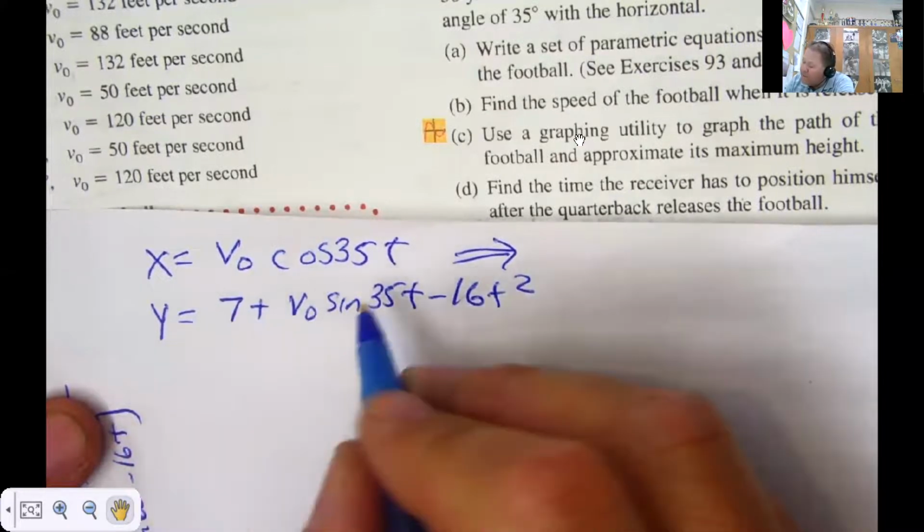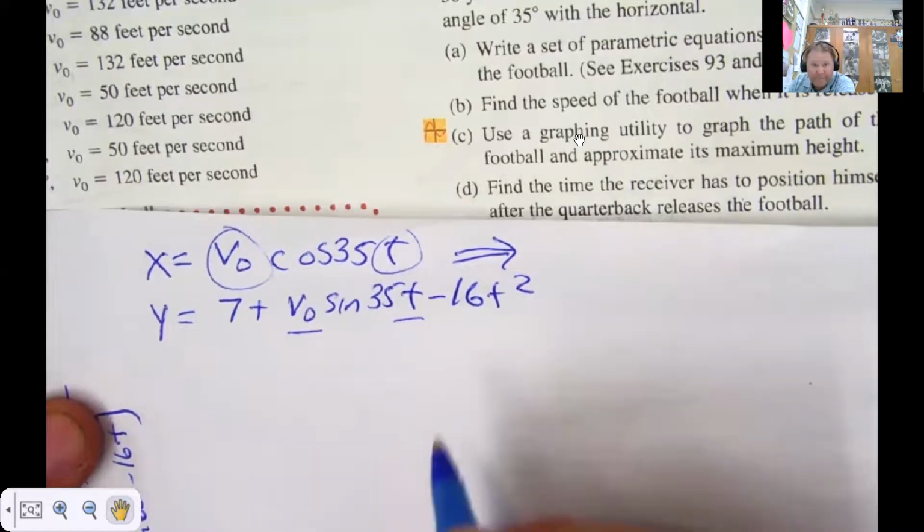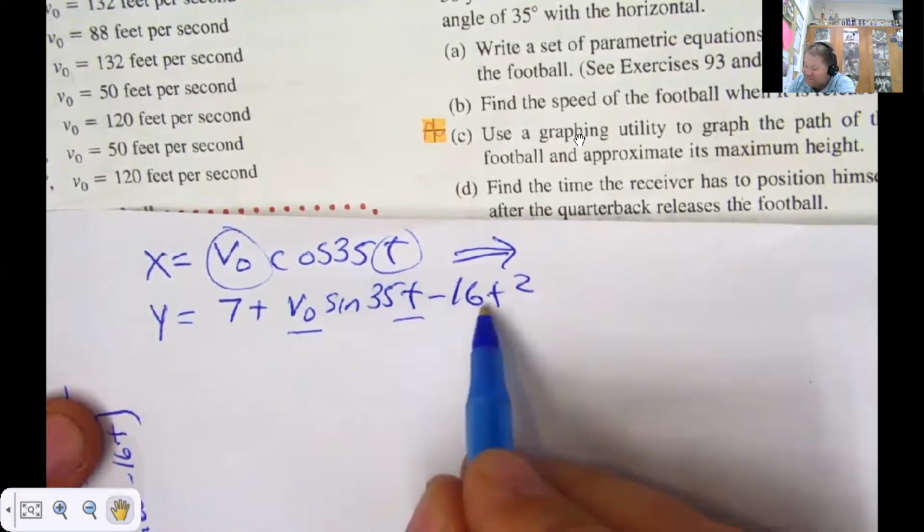Anyway, here we go. So you can see I've got v sub 0 t here. What I could do is substitute for v sub 0 t here, and then solve for t.